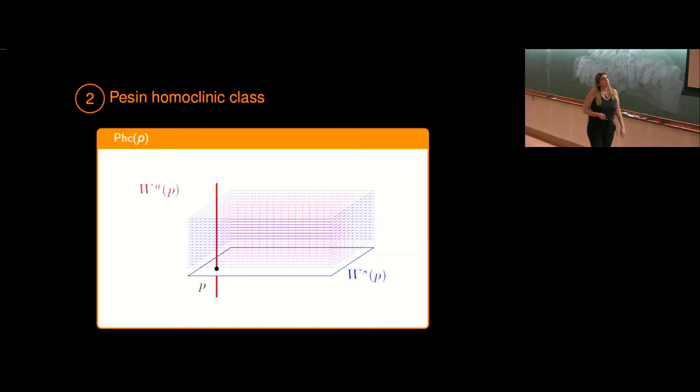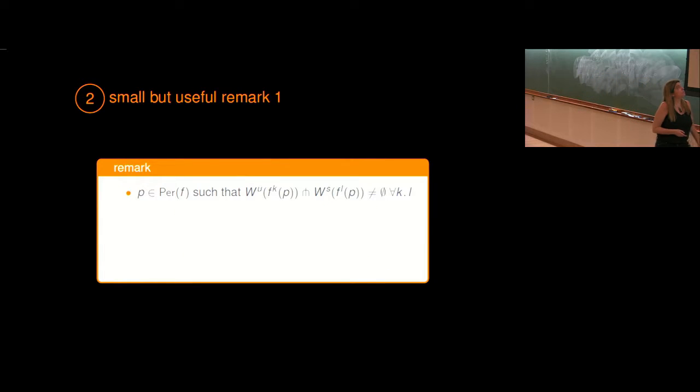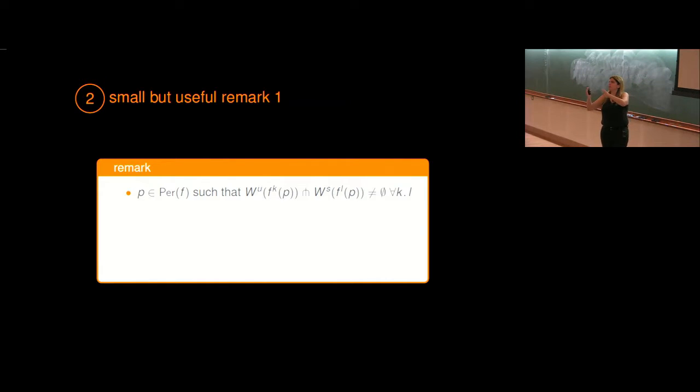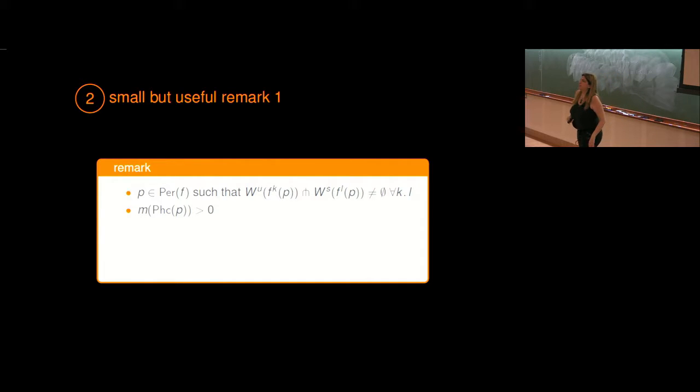Okay, I don't know if I will have time to tell you everything, but a remark is that if you have a periodic point such that all points in its orbit are homoclinically related, and the Pezin homoclinic class is positive, then this set is not only equal to the set of points that intersect the orbit, but the set of points that intersect P. This is a consequence of the lambda lemma.